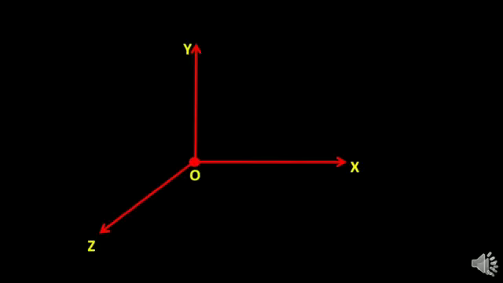The origin is used as the reference point for the object. To represent the position of an object, its x, y, and z values are given along with the time. So, these three coordinates along with time is known as frame of reference.